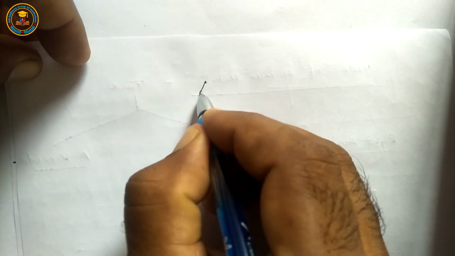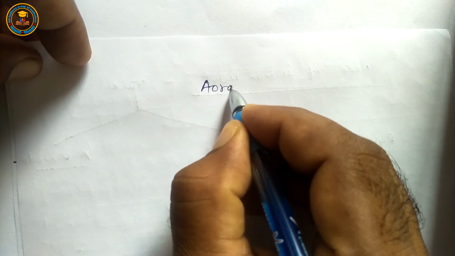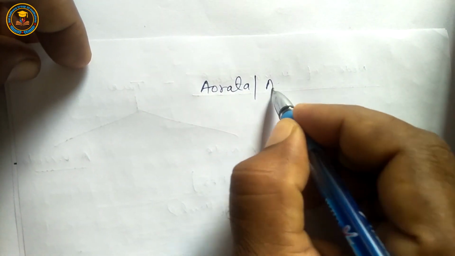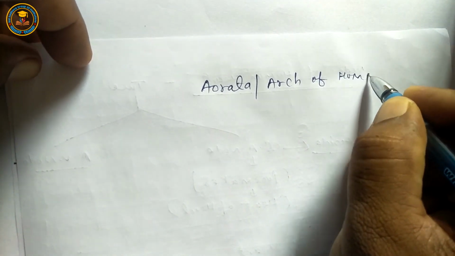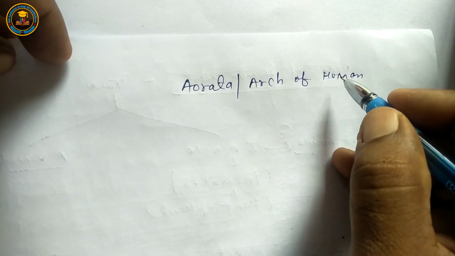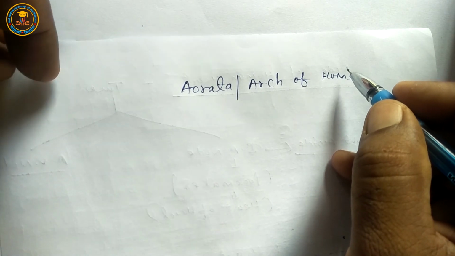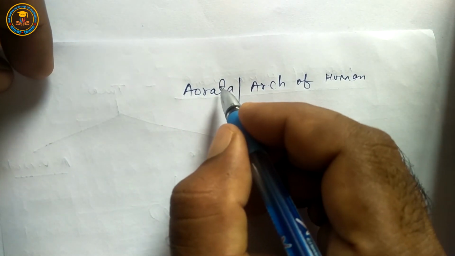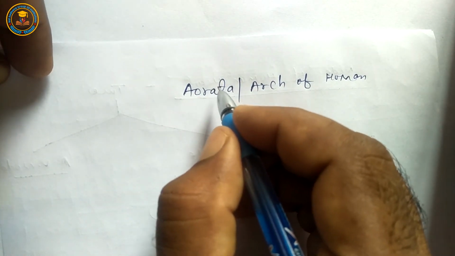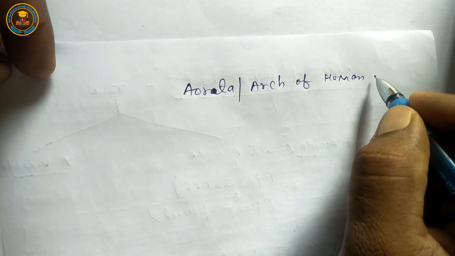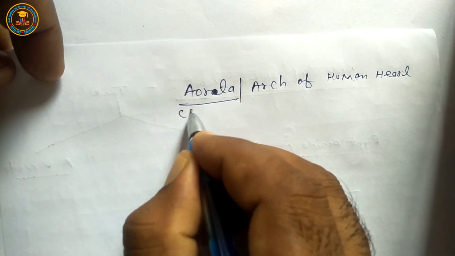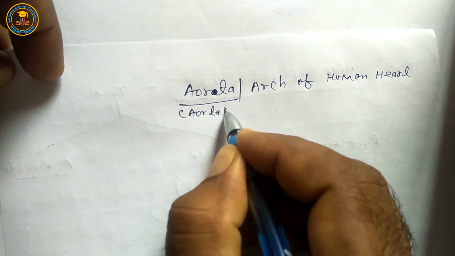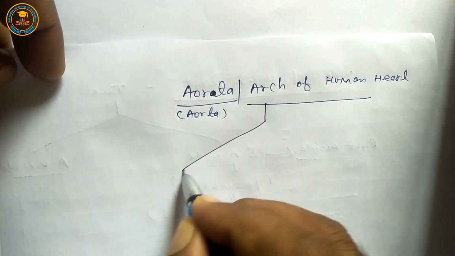Next is the aorta or arch of the human heart. The aorta of the human heart is 2.